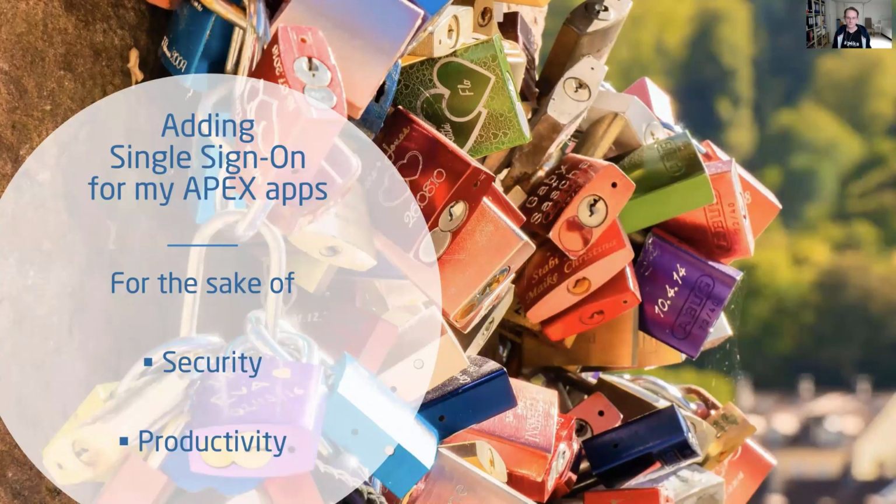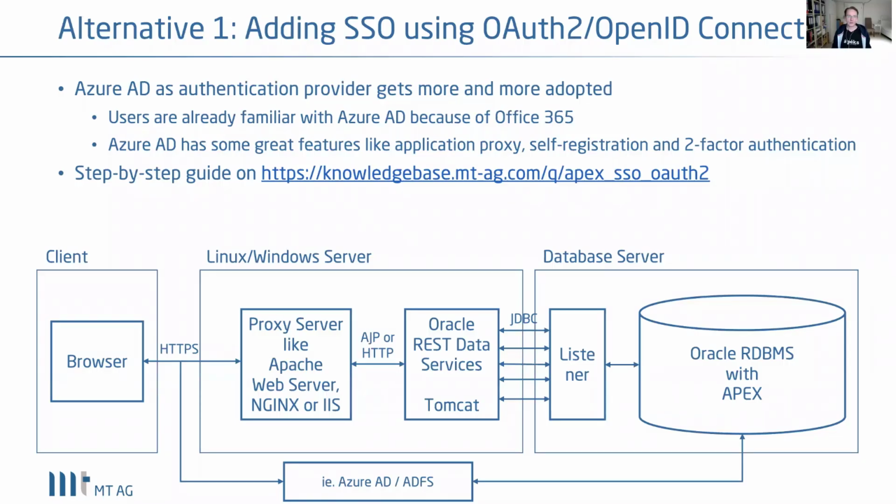So this is also great for productivity, and as an acceptance criterion for your end users, to enable single sign-on. There are multiple ways to enable single sign-on for your environment, and I would like to go through three of those. The first one is my favorite, which is using the OAuth2 protocol or OpenID Connect. They are more or less the same.